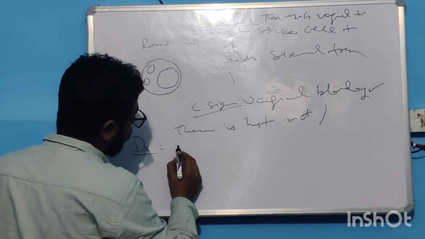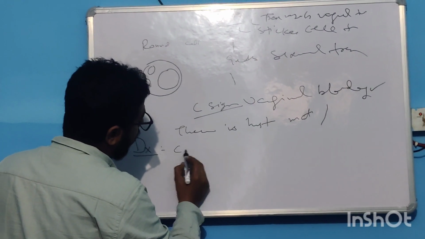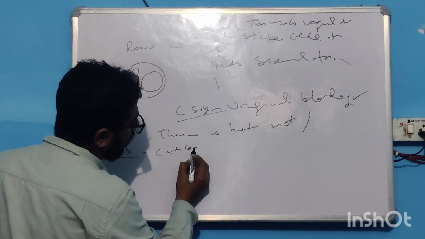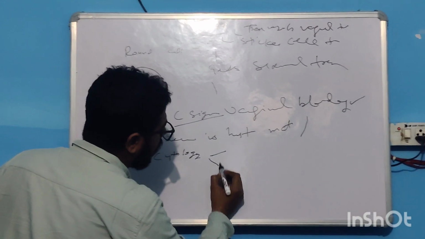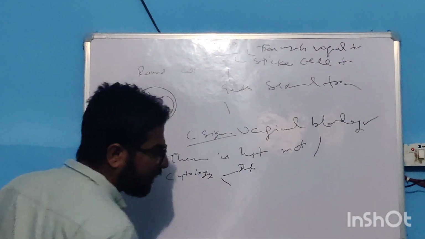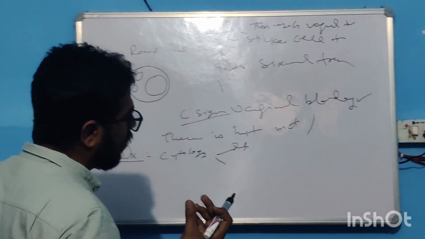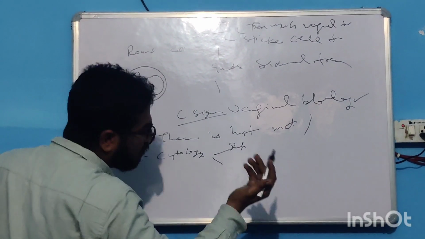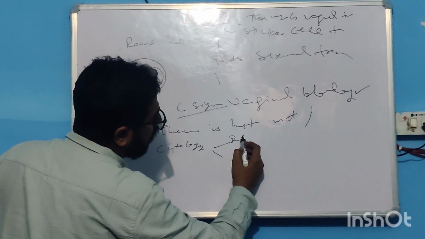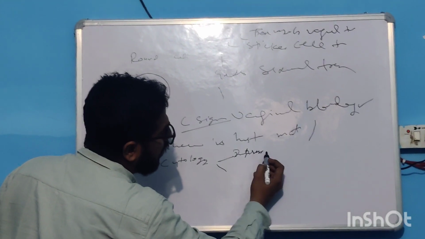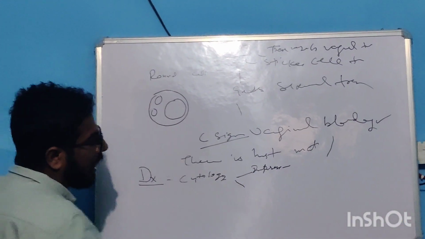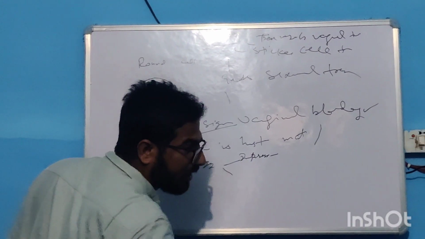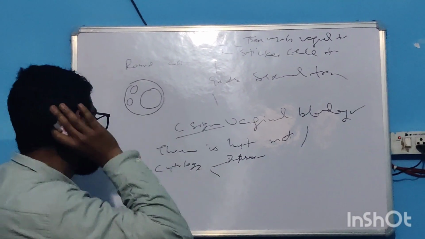So you diagnose basically on cytology. You take an impression smear. If growth is palpable or identified, you simply take an impression from that, make an impression smear, stain with Leishman or any other stain and see under the microscope.